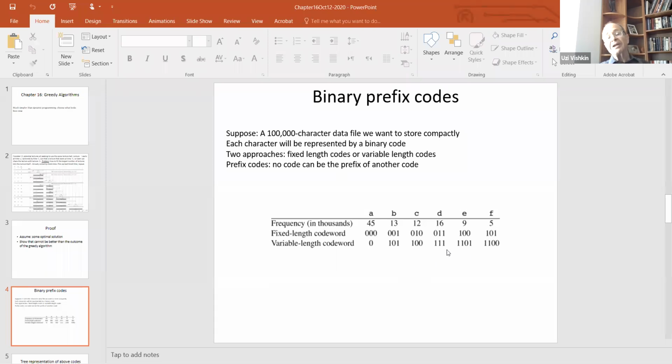So what you observe here is that if you look at these codes, none of them is a prefix of the other.